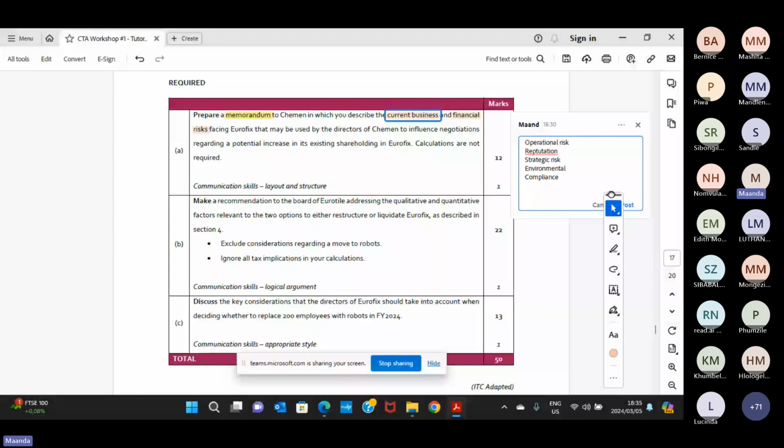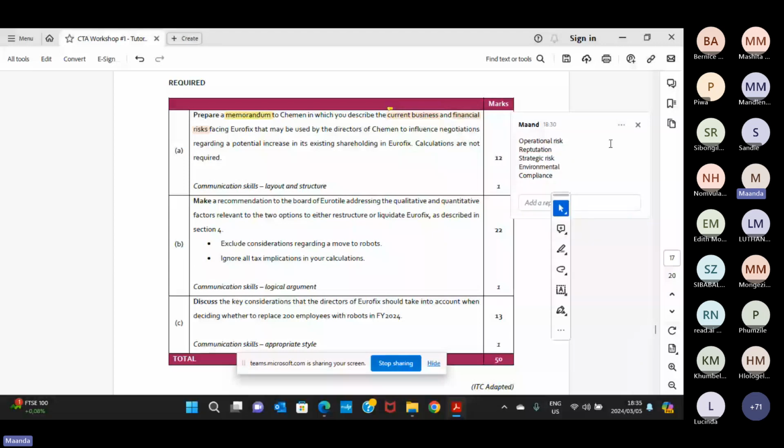So I need to identify those risks, and I also need to identify financial risks. Financial risk, as I've said, is the risk of me not meeting my finances and not meeting my obligations. So three things: I prepare a memorandum, I have my current business risks, and I have my financial risks.